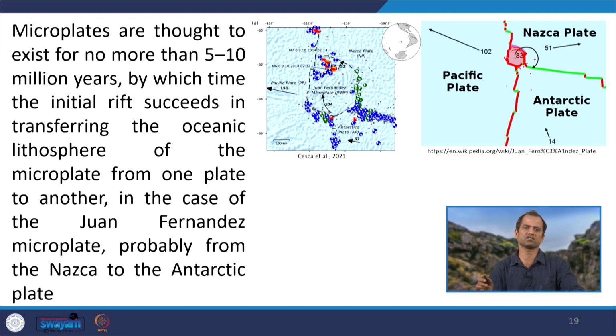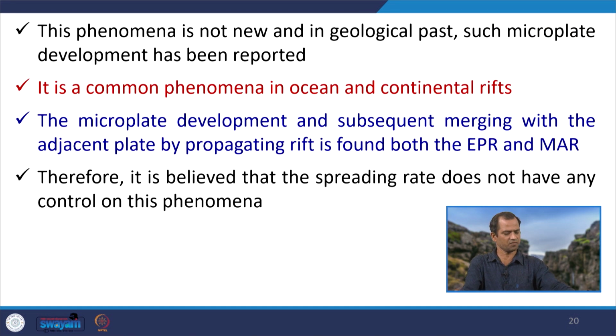So, the propagating orientation of the rift defines the microplate development, and with time they merge with a larger plate or become independent for a few geological time scales. This phenomenon is not new, and in the geological past such microplate development has been reported.